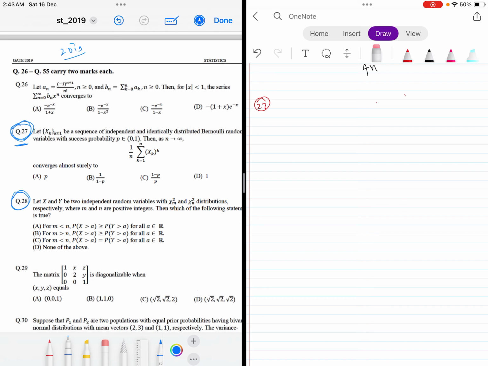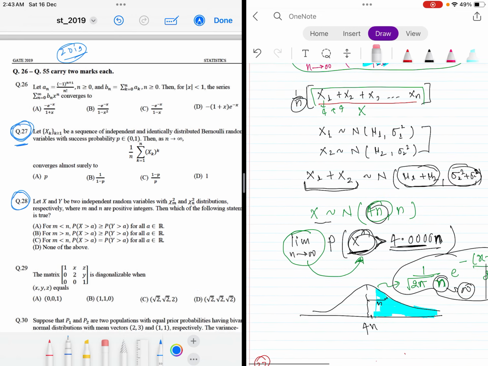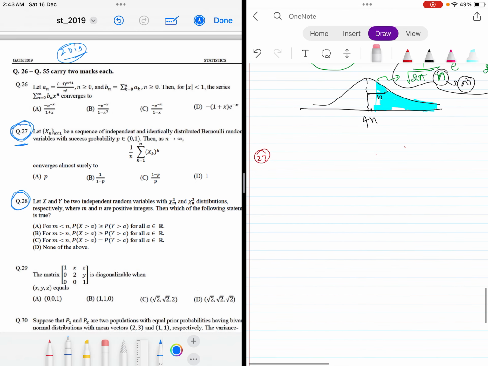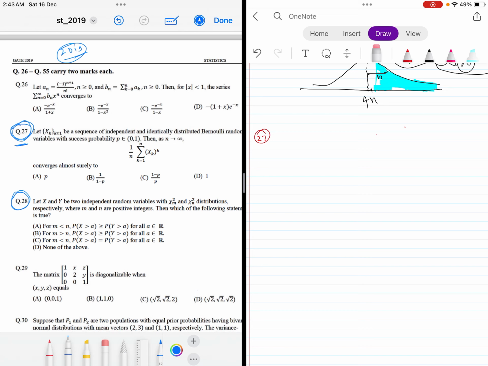So the paper is 2009 and the subject is statistics. And so far we solved a few questions, right? Let's solve a few more questions, and we will be solving only those questions that are in line with the syllabus of data science and artificial intelligence.